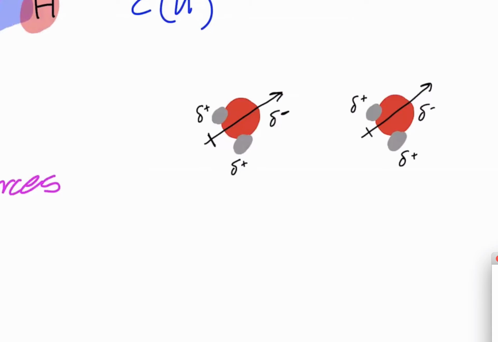Okay, so if we're dissolving NaCl, then the Na is going to be attracted to the partial negative side. So that's my Na. And then the Cl is going to be attracted to the partial positive side, because I have Cl minus and opposite signs attract.